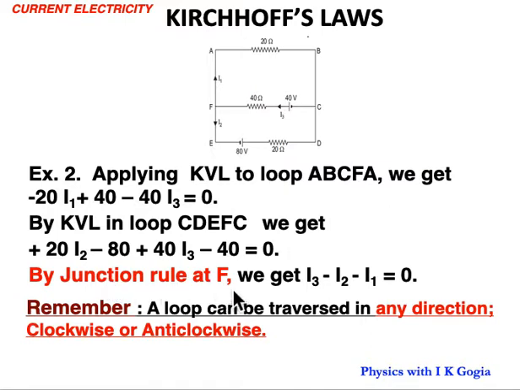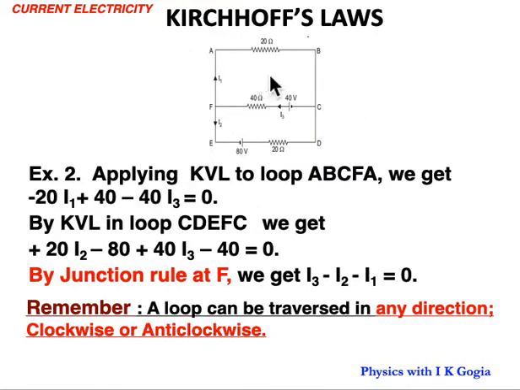By junction rule at F, we get an additional condition. The incoming current I3 is taken as positive, outgoings I1 and I2 are taken as negative, and the algebraic sum is 0. There is one more thing which is to be pointed out here.